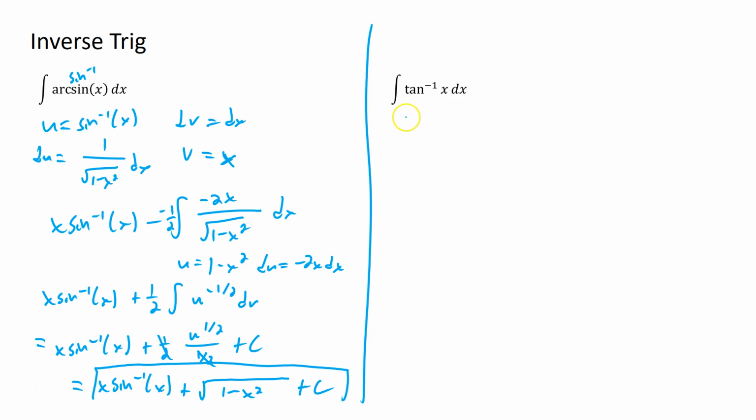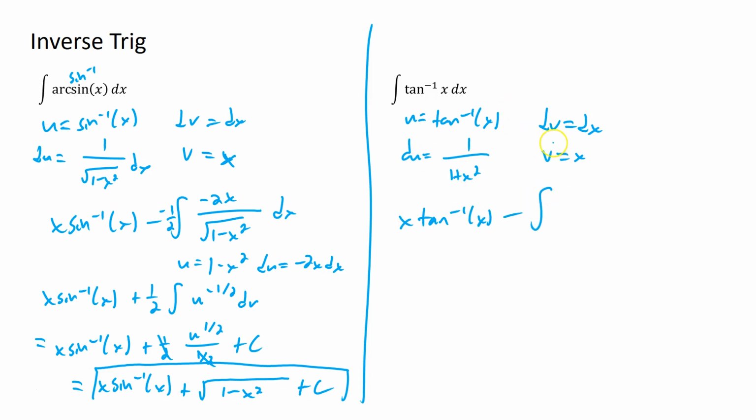Last one, we're going to do the same method. So u is going to be tan inverse of x. That means du is 1 over 1 plus x squared. dv is dx, which means v is equal to x. So uv, x tan inverse x, minus the integral of v du, which is x times 1 over 1 plus x squared dx. Again, if I do u substitution here, let's do u is 1 plus x squared, then du is going to be 2x dx. So I need a 2, which means I need a 1/2 out front.